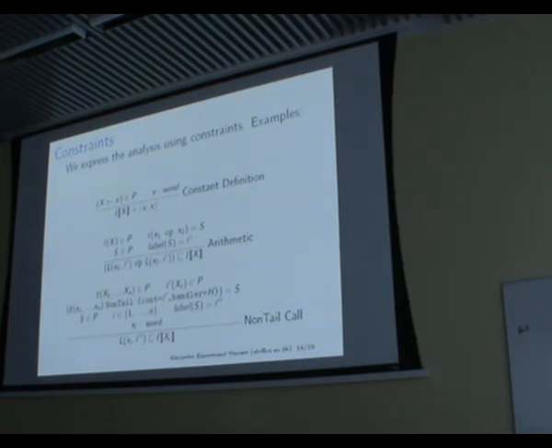There are more rules, all regarding the propagation of abstract values throughout the program. Here's a non-tail call where we flow each value into the corresponding formal parameter. But this is not enough.